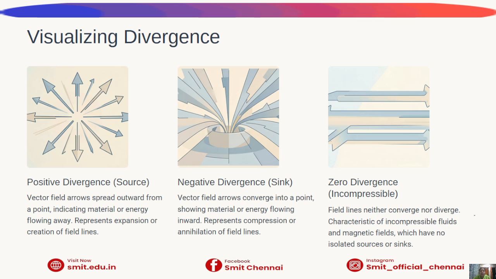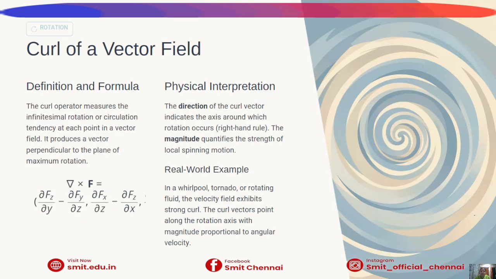Negative divergence at sinks shows convergence, representing compression. Zero divergence for incompressible flows means no net sources or sinks, like in magnetic fields. These patterns help us intuit how fields behave in physical systems.